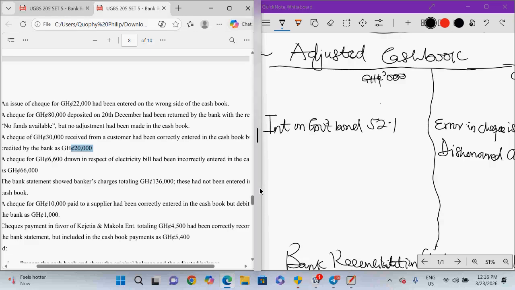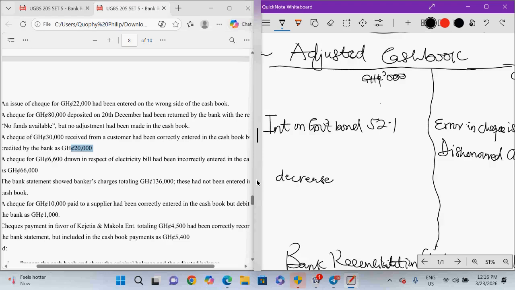So this one, will it be a wrong debit or a wrong credit? Will it affect our unpresented or our uncredited checks? Will it decrease our bank statement or increase our bank statement? These are the questions you need to ask yourself. So what do you think? It will decrease our bank statement. We are having 30,000, you have recorded 20,000.